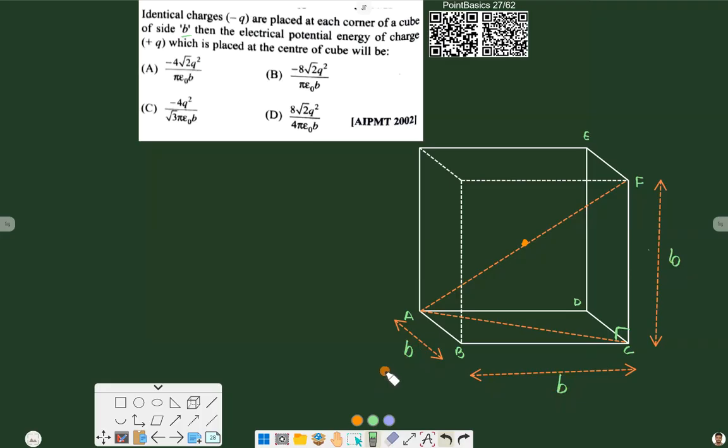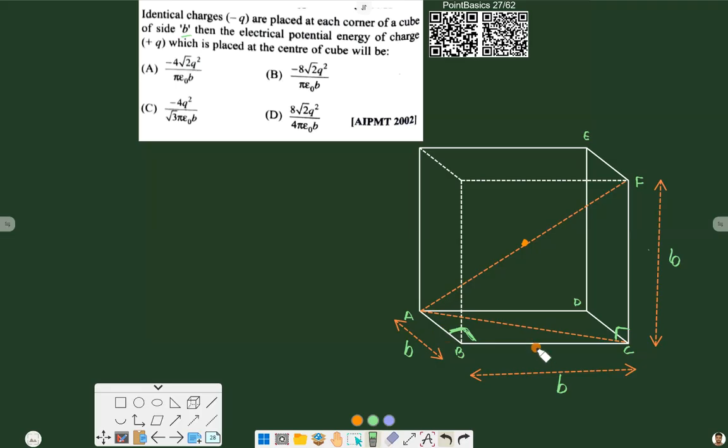And we know that each side of a cube is perpendicular to each other. So AB is perpendicular to BC. You might not see it in the diagram because we are drawing it on a 2D screen, but in a cube, AB is perpendicular to BC.